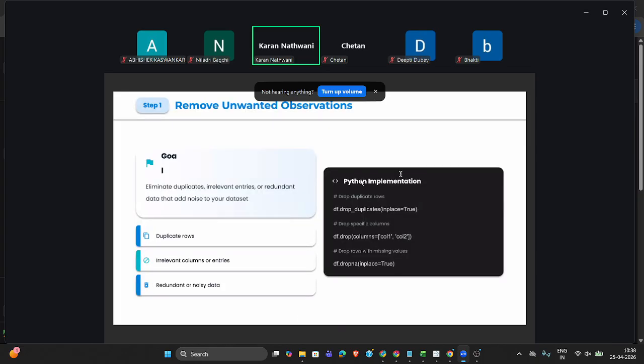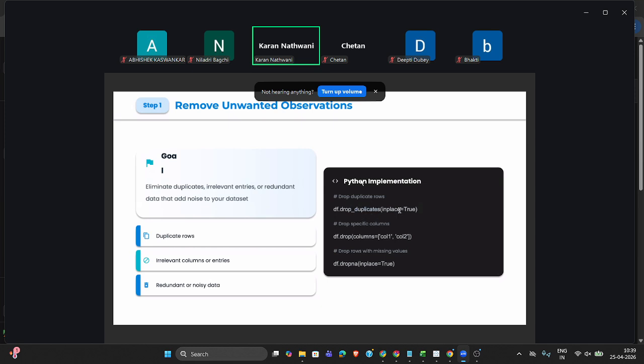So step one is to eliminate the duplicate and irrelevant entries. For example, here you can see the Python implementation I have mentioned. Drop the duplicate rows. Here is the data which you have captured in a data file. In the data file, there is an inbuilt command, drop duplicates, which will help to remove all those duplicates in the rows.